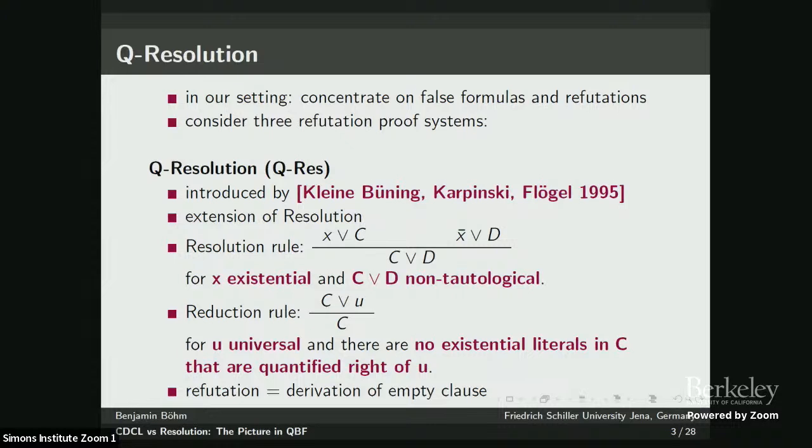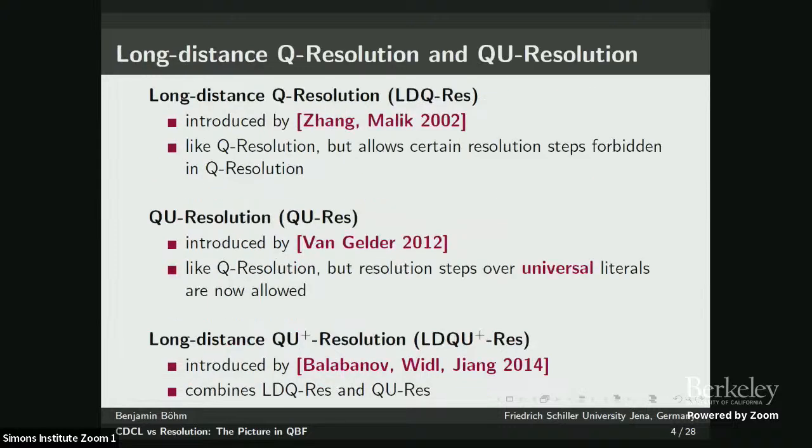However, here in Q resolution, we have this slight restriction that the pivot X has to be existential, and C or D should be non-tautological. And we have this reduction rule, as you've already seen, that we can just get rid of the U if there are no existential literals right of U in this clause C or U. And as you already know, a refutation is just a derivation of the empty clause. So we want to get the empty clause somehow.